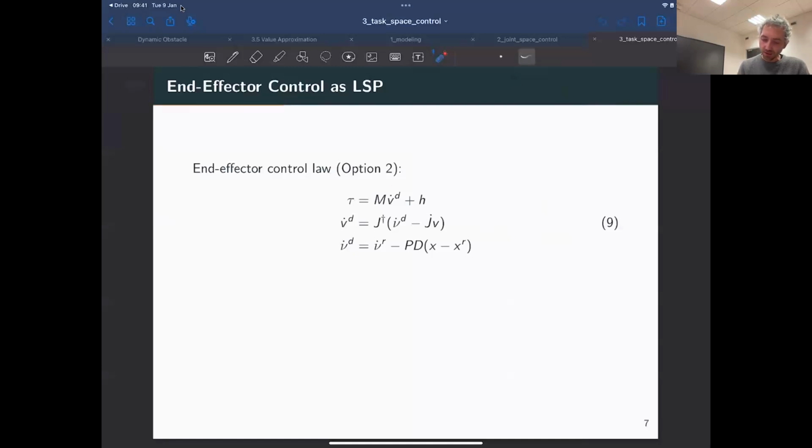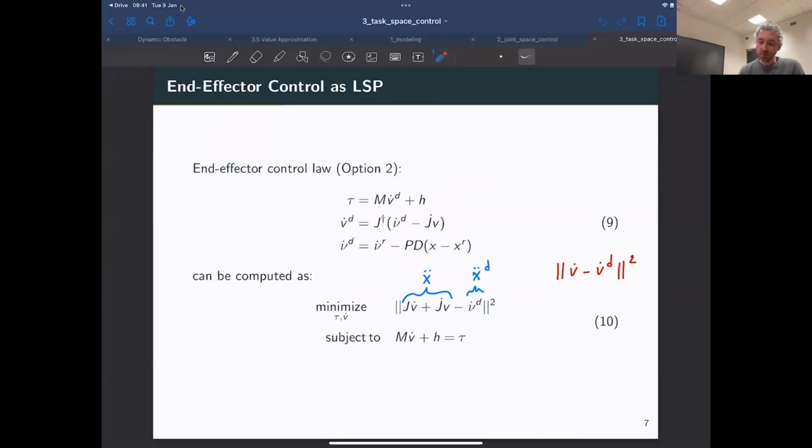So this is a summary of the end-effector control law, which we have just derived. We compute the desired acceleration in end-effector space. We map from end-effector space to joint space using the Jacobian pseudo-inverse. And then we map from joint accelerations to joint torques using the inverse dynamics.